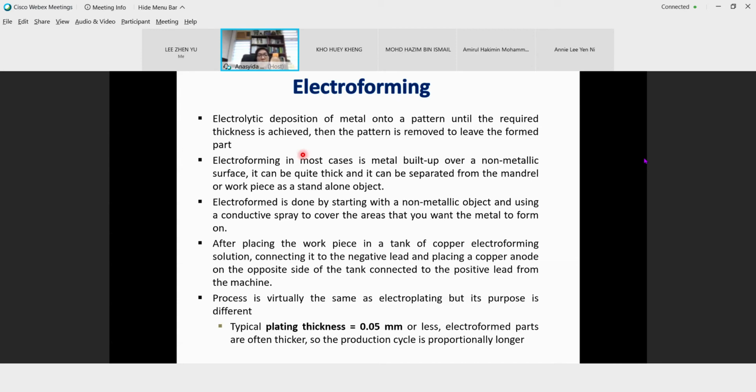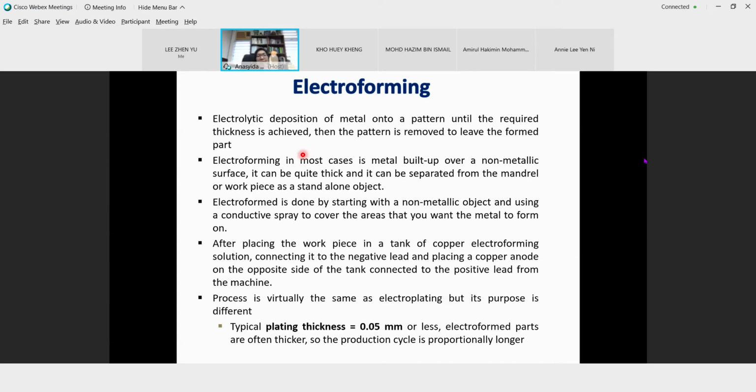So what you have to do, you have to spray first this thing we call a mandrel, or like a mold. So you want the shape to be like this shape. So you spray first. Spray the conductive material on this part, right? Then only you can perform the electroplating.